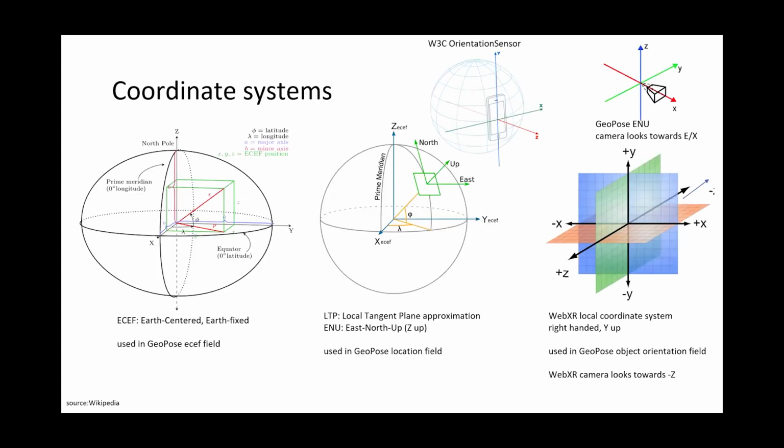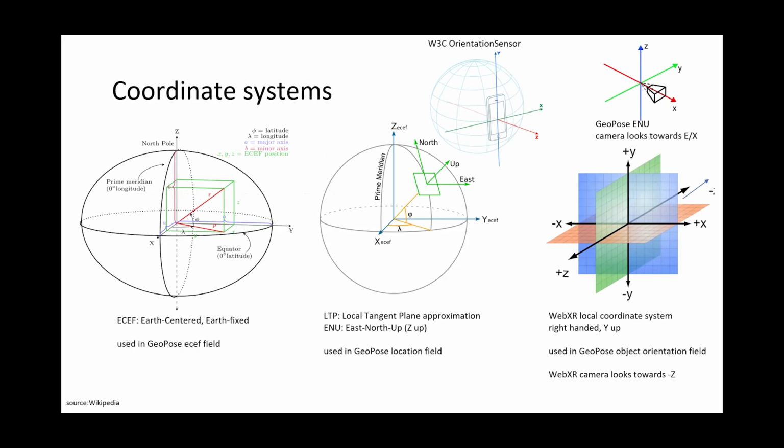We already talked about coordinate systems a lot. I just mentioned here that when you localize yourself, the AR session always has the origin where you started the application, and the geopose will be given in a local plane approximation with east, north, and up aligned.